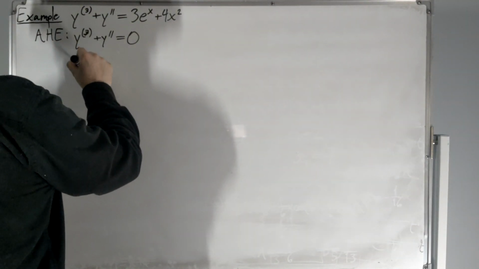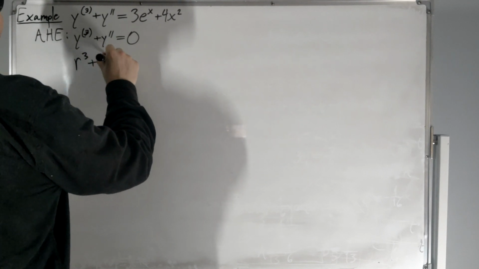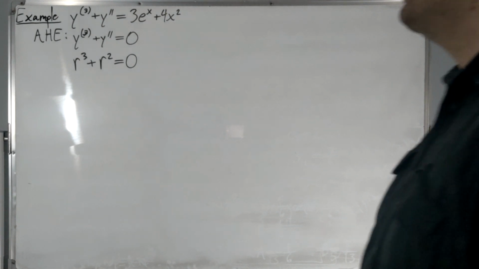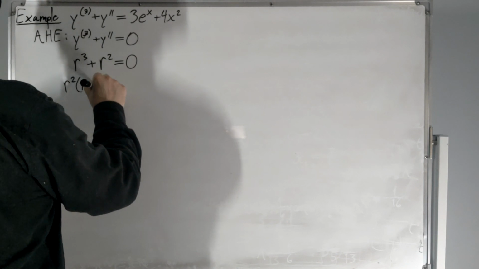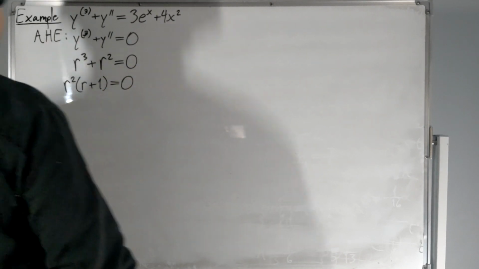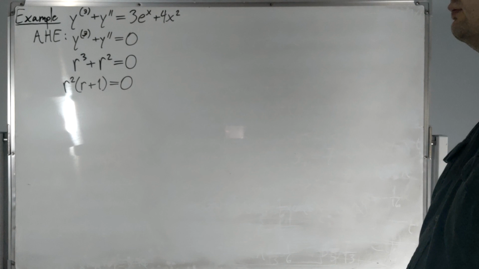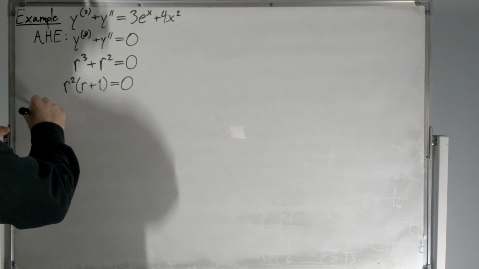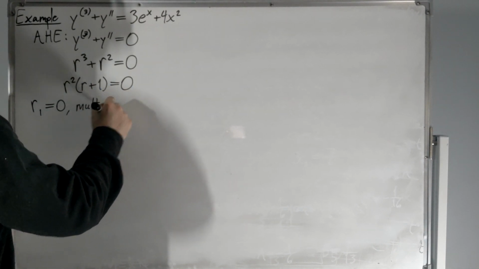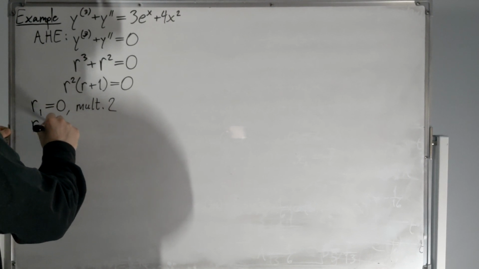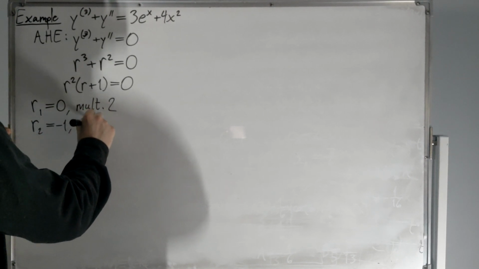So this turns into the characteristic equation r cubed plus r squared equals 0. We get from this r squared times (r plus 1) equals 0. Therefore, we have two roots here, r1, which is 0, which has a multiplicity of 2, and r2 is negative 1, which has a multiplicity of 1.